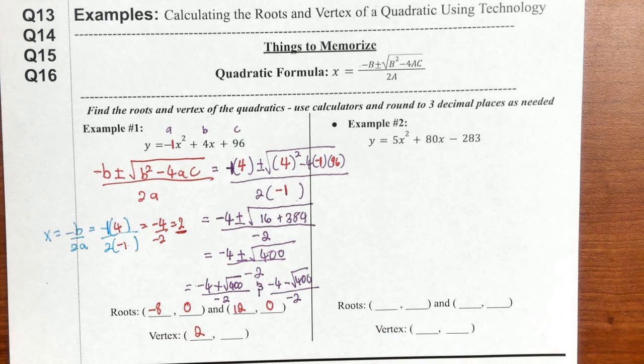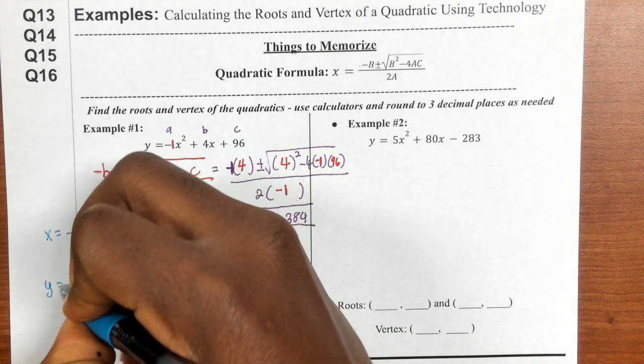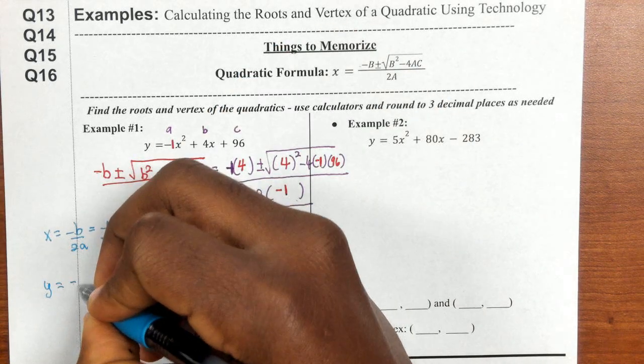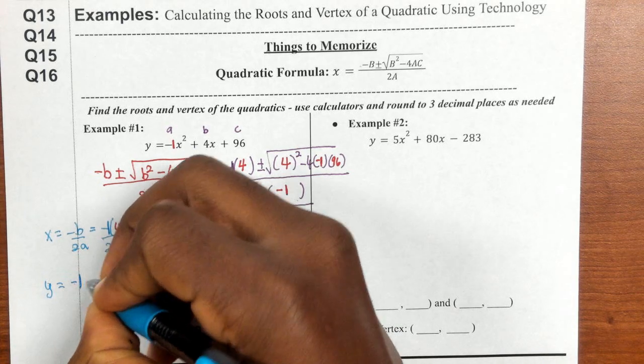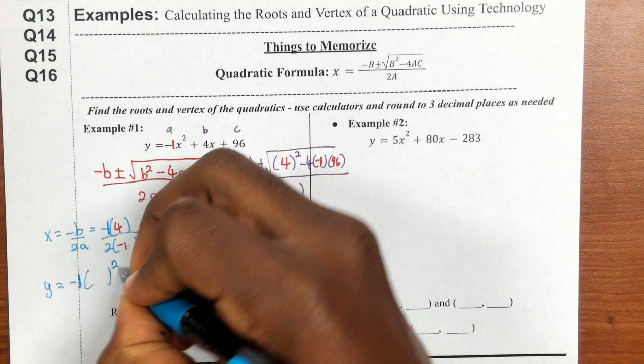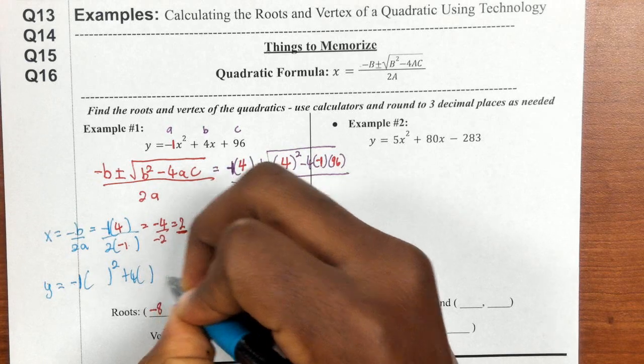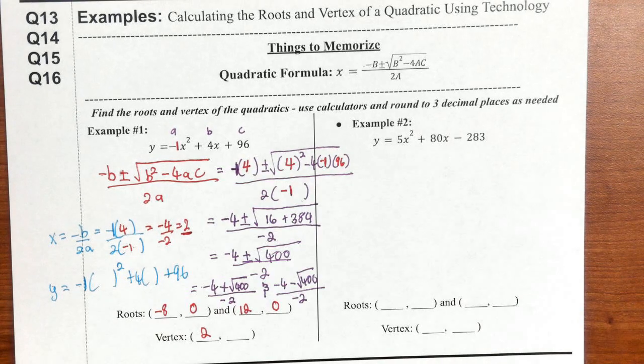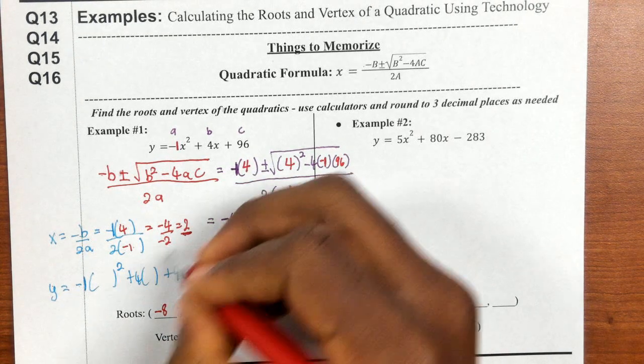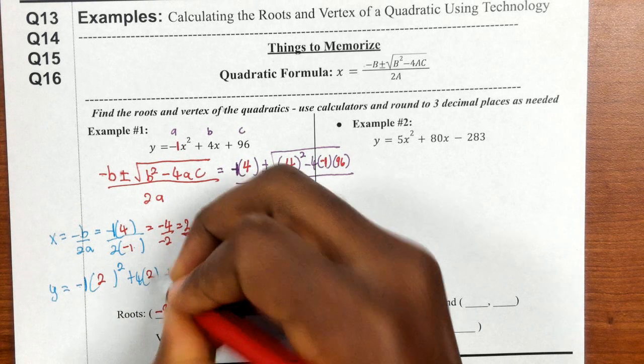All I need to do now is find the y value of that vertex by plugging it back into my equation. I'd have negative 1 parentheses squared plus 4 parentheses plus 96. And what do you think is going to go inside the parentheses? The positive 2.